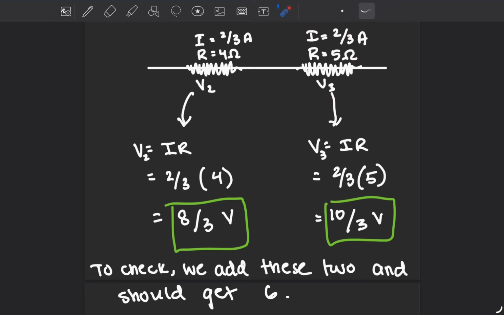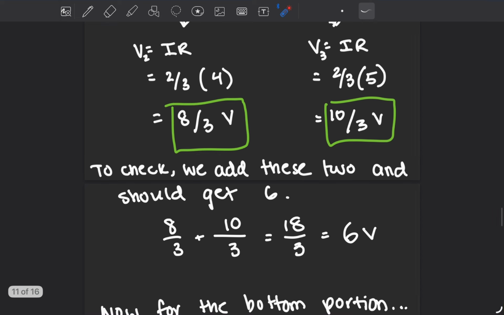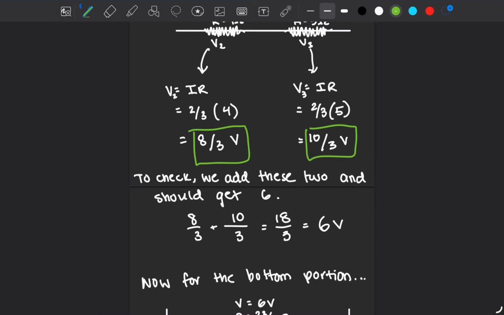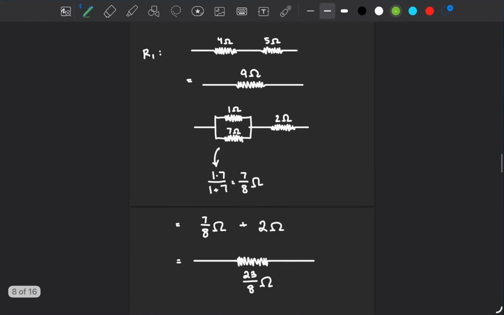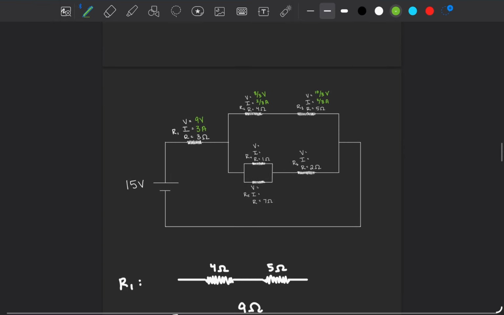But you could also calculate 2/3 amps times 5 ohms, and you get 10/3. One way we can check that we're on the right track is to add these two and we get 6. So 8/3 plus 10/3 equals 18/3, which is equal to 6 volts. So we go back up here: 8/3 volts, 10/3 volts. So now we've solved pretty much half of the entire thing.